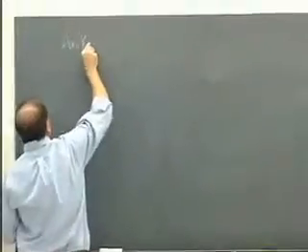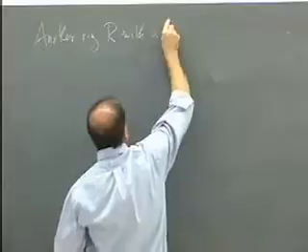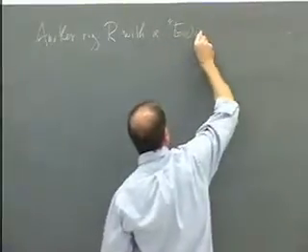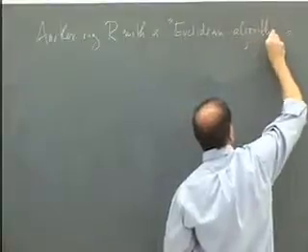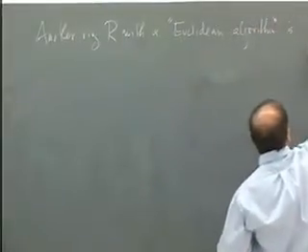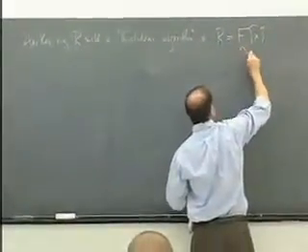Another ring R with a Euclidean algorithm is R the polynomials over a field, where this is a field.